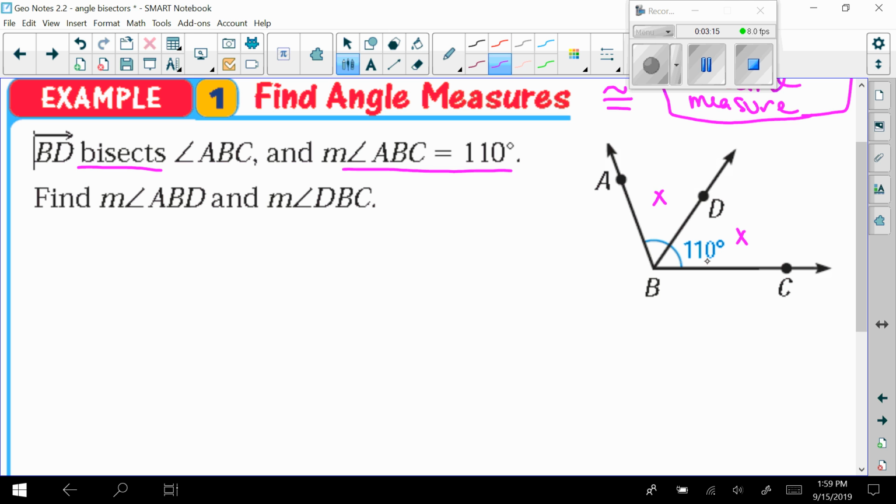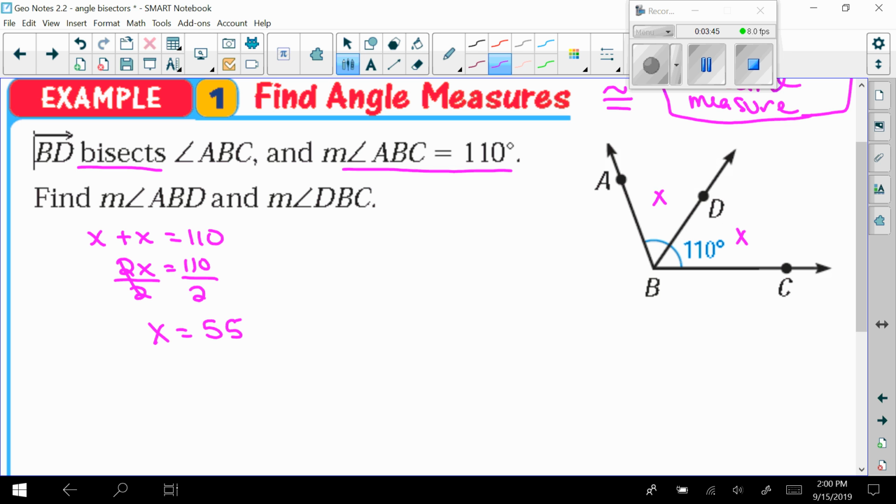Together, they add up to this big angle. So you could think of it as X plus X equals 110 and solve it like an algebra problem. Some of you are big algebra people, and you're like, cool, let's do algebra. But others are like, couldn't we divide by 2? Which is exactly the last step of solving the problem, right? Dividing by 2. So 110 divided by 2 gives you the measurement of its two equal parts.